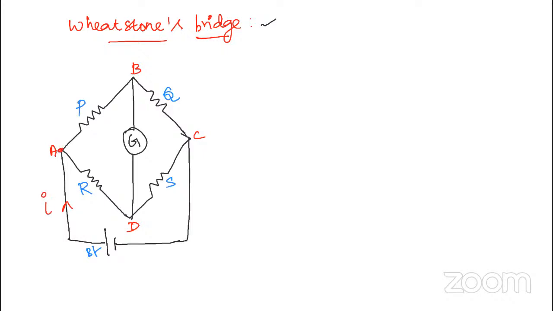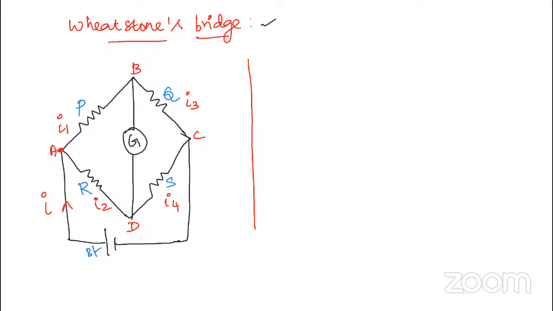At the junction it splits. When it splits, the current values here we take as I1, here I2, here I3, and here I4. So this is the simple construction of the Wheatstone bridge.